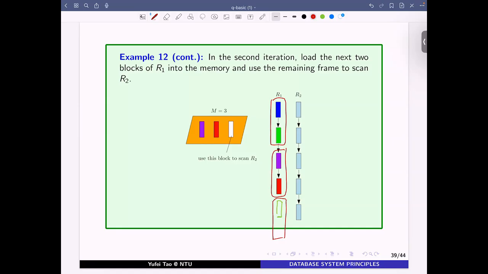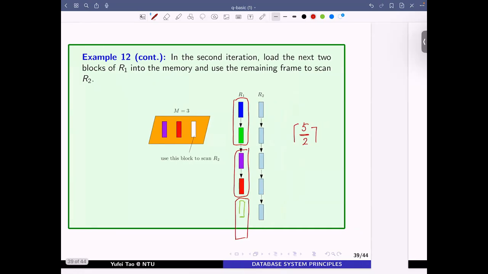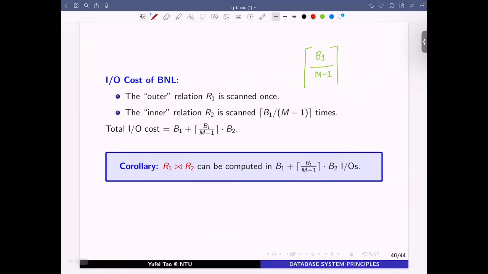The answer would be 3. The number of blocks in R1 divided by 2, that's n-1, but you have to take the ceiling. Okay. So this explains why the I/O cost of BNL is B1 plus B2 multiplied by the number of iterations here. So this is the number of iterations. Okay, so you have to pay attention to the ceiling here.